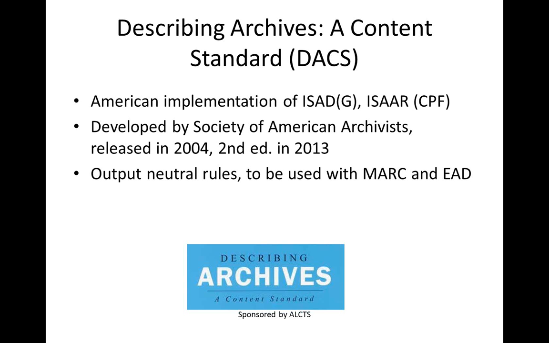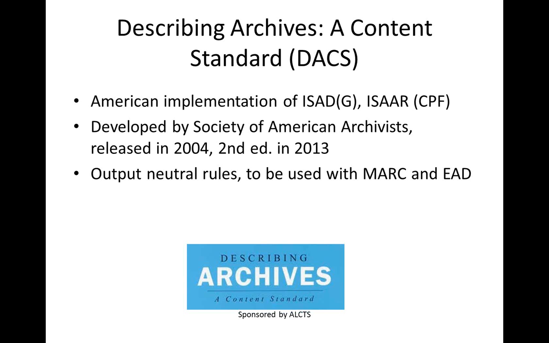For those who might not be familiar with DACS, Describing Archives: A Content Standard is a national content standard for archival descriptions as well as authority records. DACS was developed as an implementation of two international standards, General International Standard Archival Description, or ISAD(G), and International Standard Archival Authority Record for Corporate Bodies, Persons, and Families, or ISAAR(CPF).